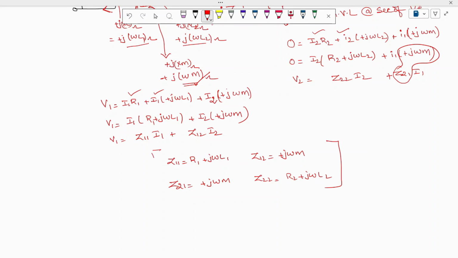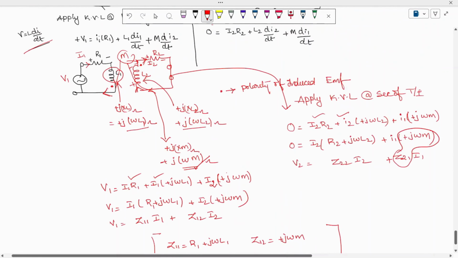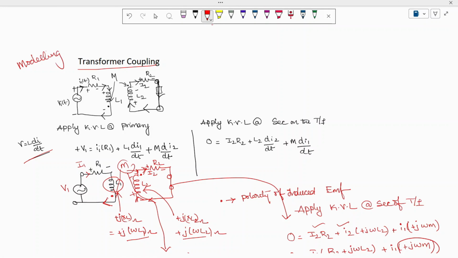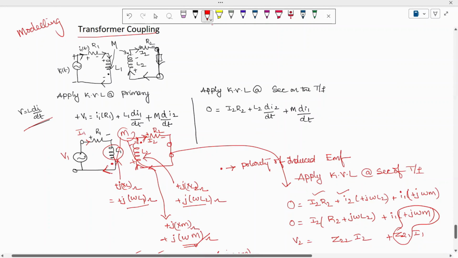This way of analysis is called the modeling of transformer coupling. So modeling means the analysis of transformer coupling. This is how to understand the modeling of the transformer.